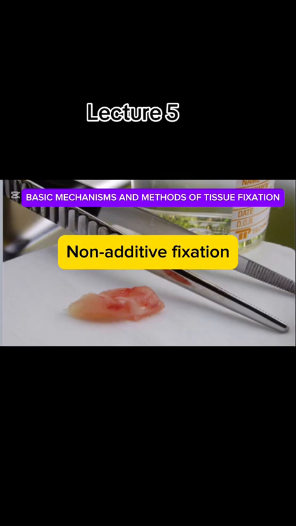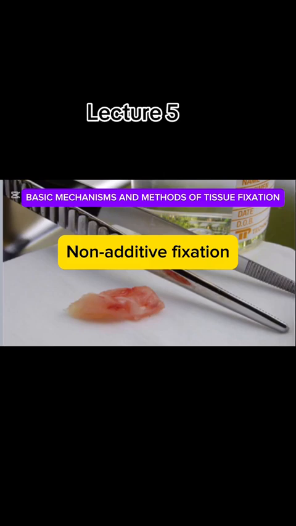Classical examples include alcohols like ethanol, methanol, and acetone. So the non-additive fixatives primarily work by dehydrating tissues, resulting in protein denaturation and structural stabilization.